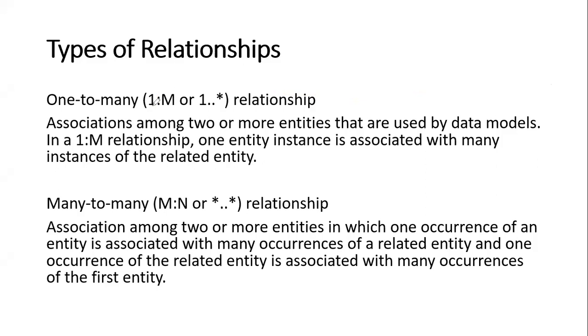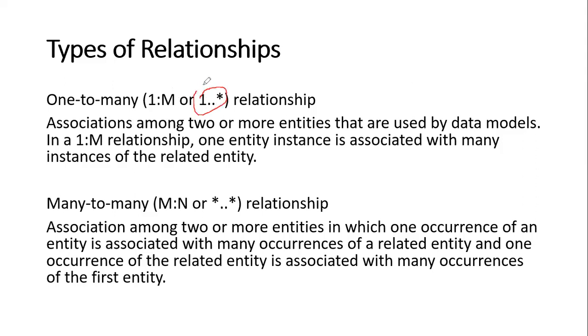Sorry for that. That double dot we call a two. So the first relationship is one to many. You can either write it as one to many, or use the number 1 to capital M, or else use the standard one.